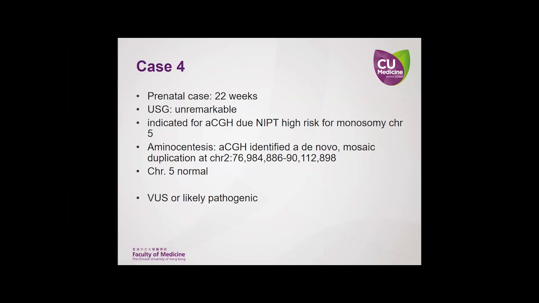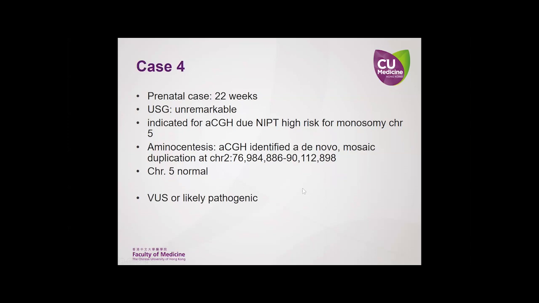So if we have evidence that a variant could upgrade to likely pathogenic, or could probably downgrade to benign in the future, if there are case reports or some more evidence in terms of functional or basic science studies, then in that case we can counsel the patients accordingly.